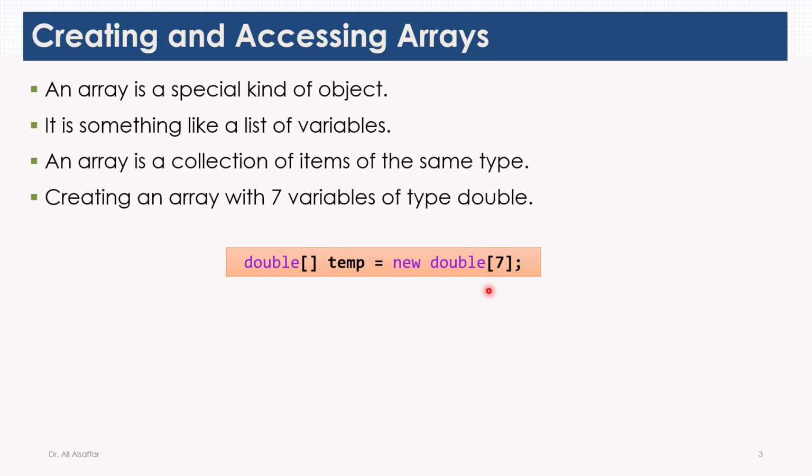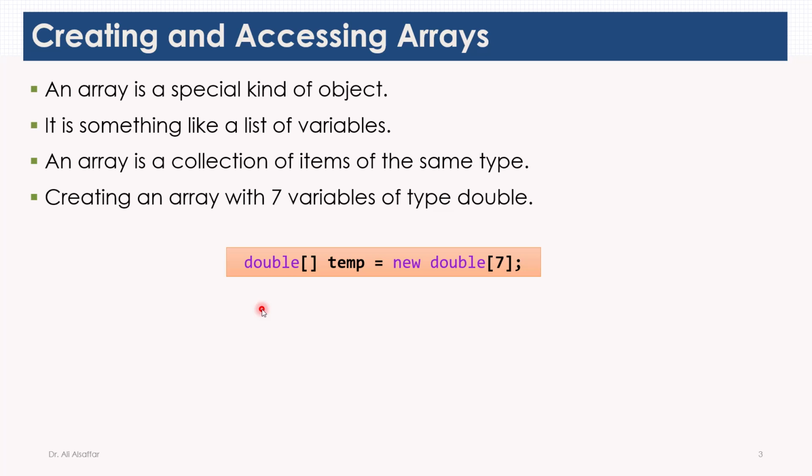As we mentioned before, an array is a special kind of object. Therefore, if you want to create an array, you have to write new and then specify how many elements you want to allocate for this array. This is the syntax that we are going to follow to define an array of any data type.